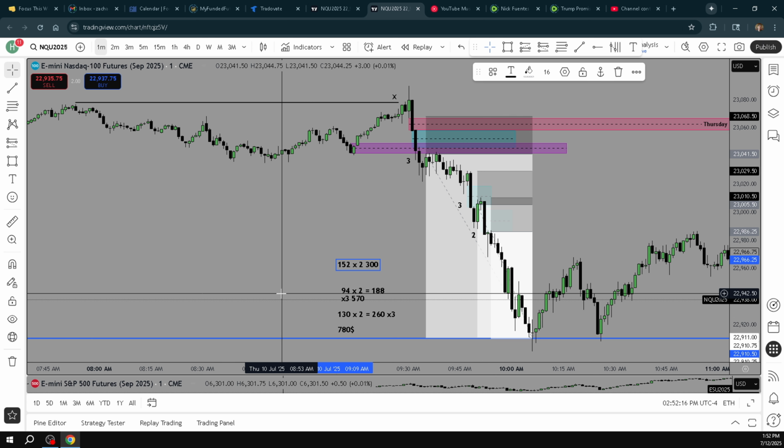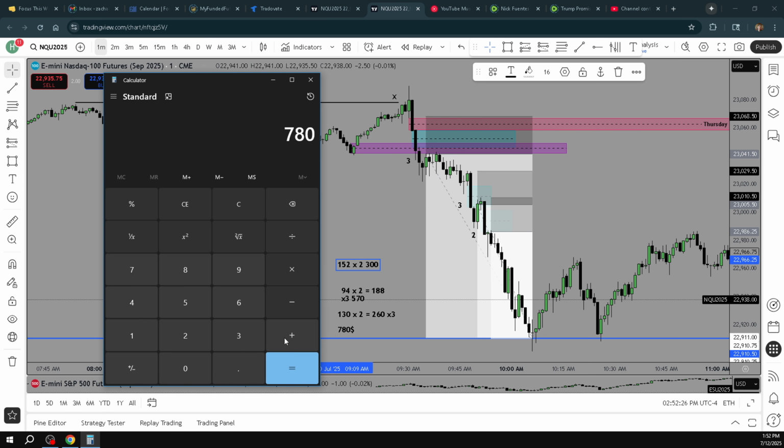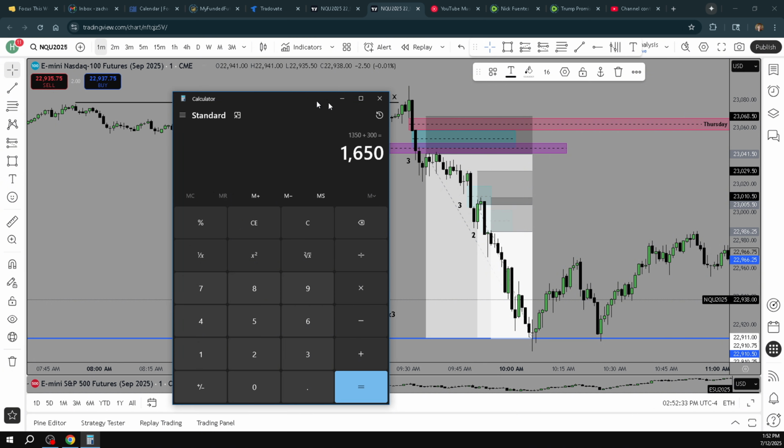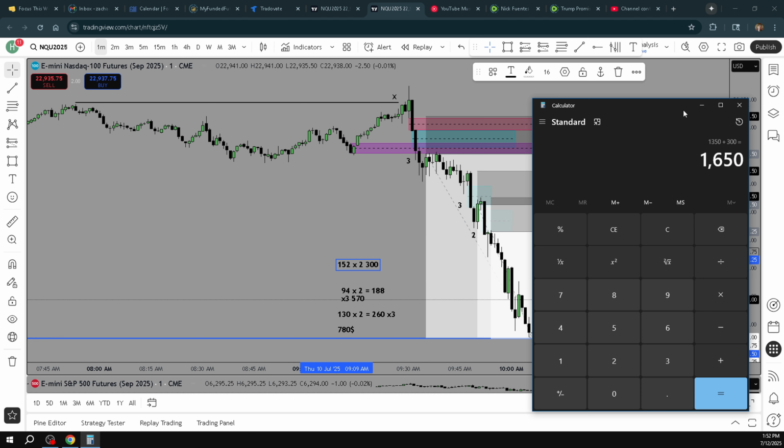Let's do the math quick. 780 plus 570 plus 300, 1650. You turned this first trade 780 into 1650.